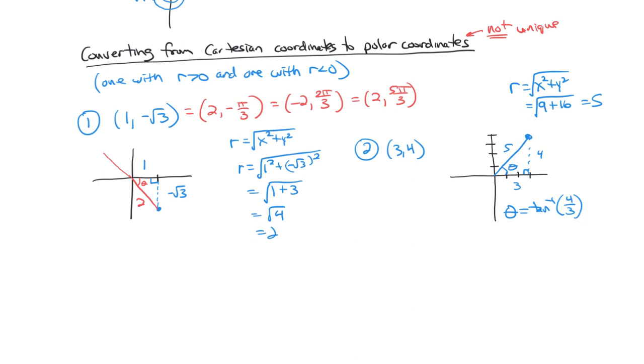So if you want the exact answer, we could say this thing is equal to 5 and then inverse tangent 4/3. So if the book were to ask for a decimal approximation of the polar coordinates, we could just punch this in the calculator and get some decimal answer. But if they want the exact answer, this is the exact answer. Now they are going to want this with a -5 also.